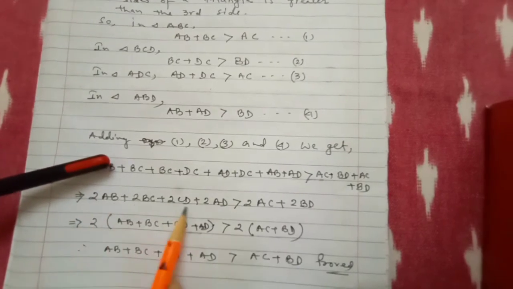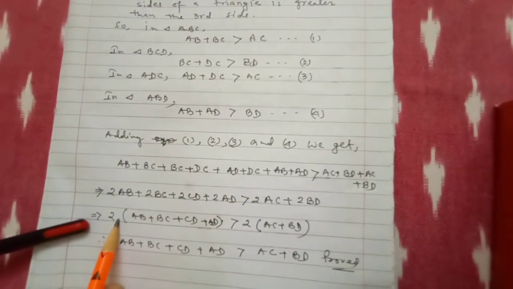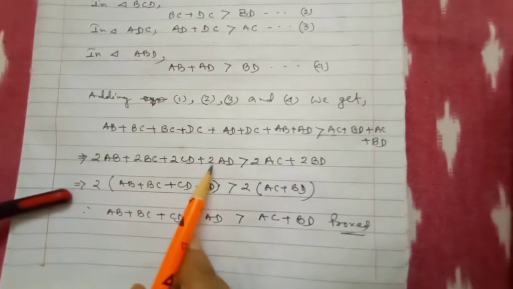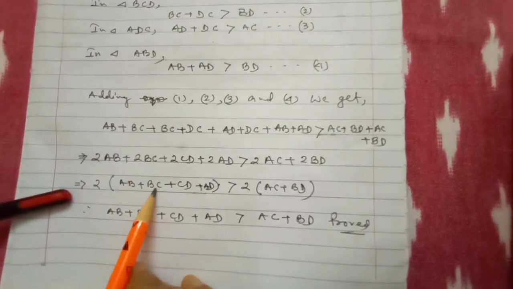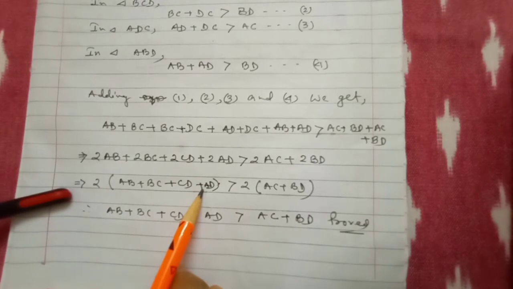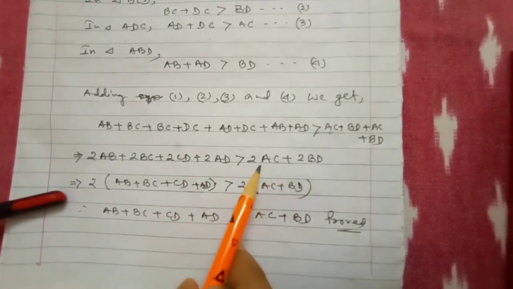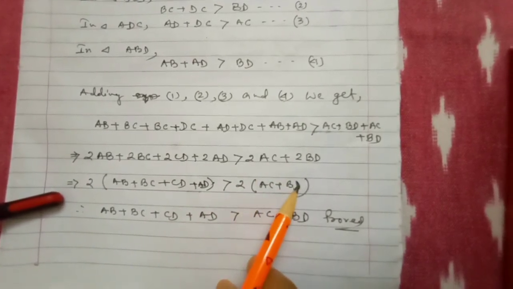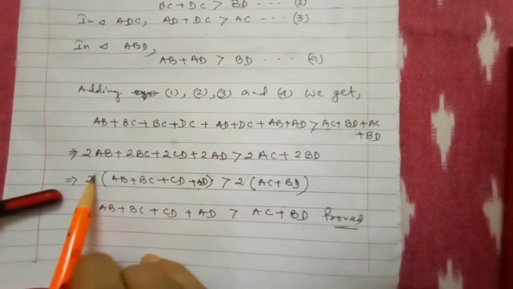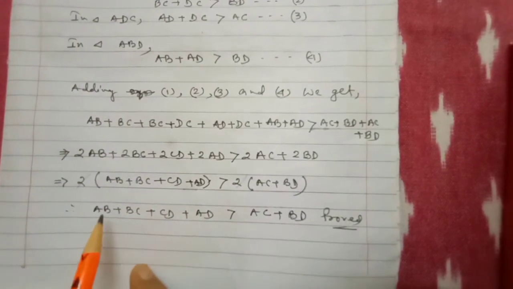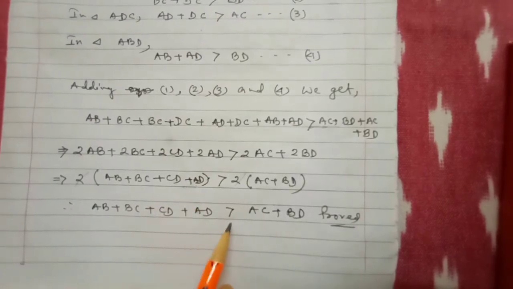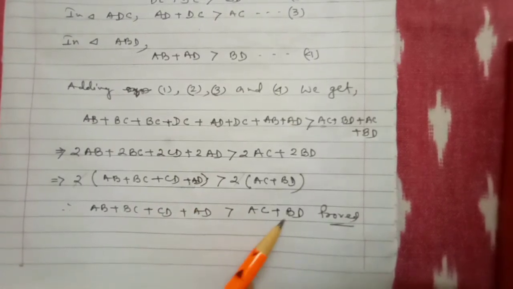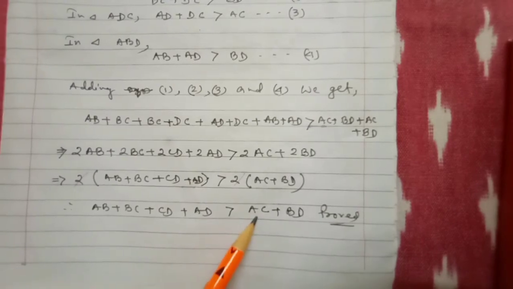Taking 2 as common outside, AB plus BC plus CD plus AD is greater than 2 times AC plus BD. Now 2 I can cancel here. What is left? AB plus BC plus CD plus AD, or DA, is greater than AC plus BD.